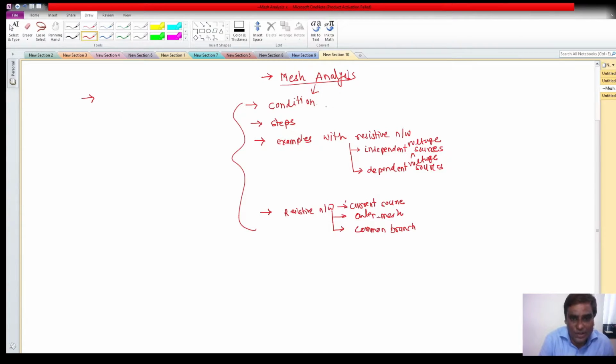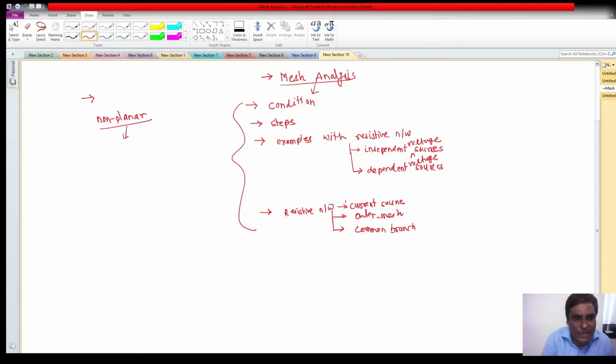The second method, mesh analysis, is also helpful to write the network equations, but it cannot be applied to all circuits. There is one condition where mesh analysis cannot be used: when the network is non-planar, we cannot use mesh analysis.